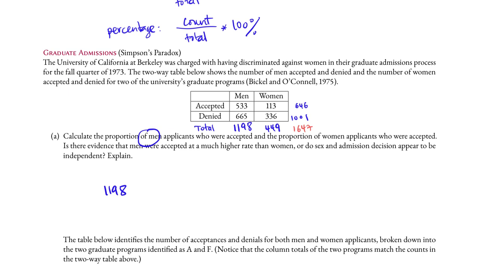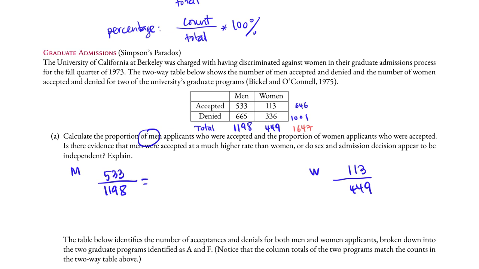And out of 1198 applicants, how many were accepted? 533 of them got accepted. Similarly, for women, there were a total of 449 applicants, and 113 of them got accepted.